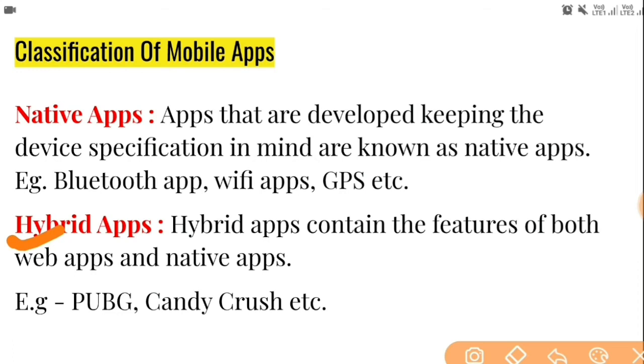The game PUBG requires your GPS, your internet communication, your mic, and the physical features are also available, because it requires some native features as well as web internet communication. So apps that require both internet connection and physical features are known as hybrid apps.